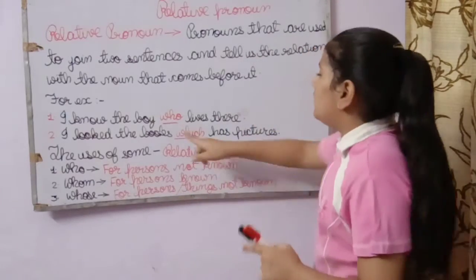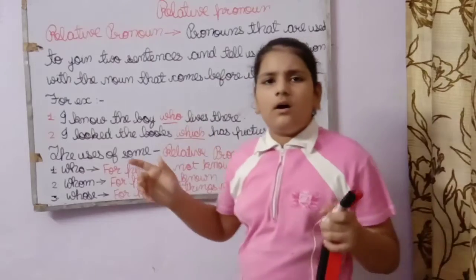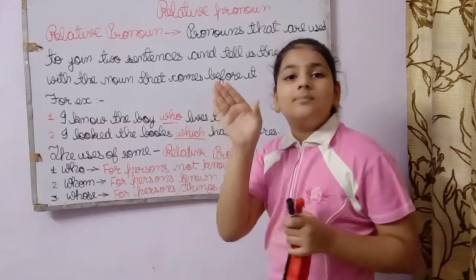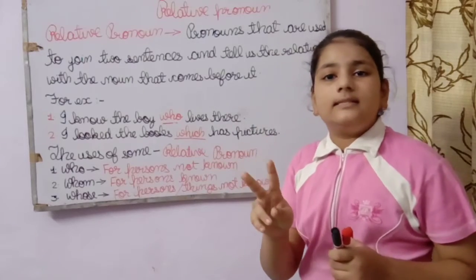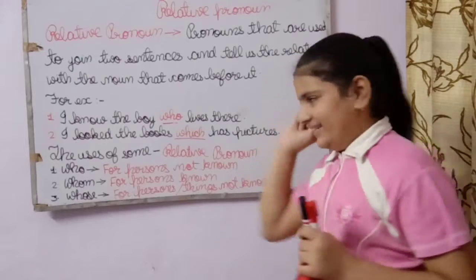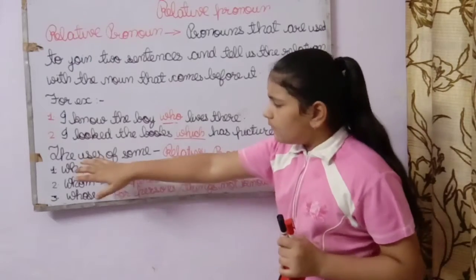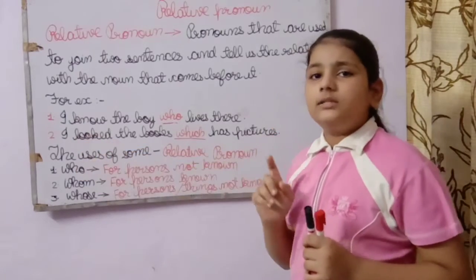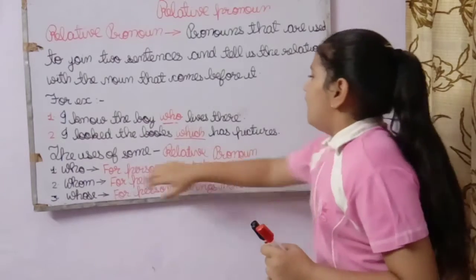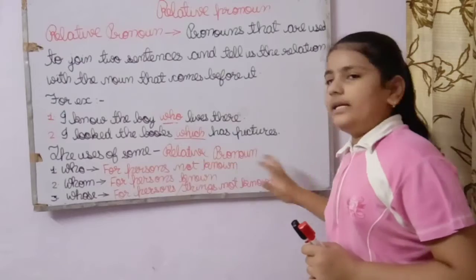So these words, who, which, whom, where, that, join two sentences to make one whole sentence. Now we will take more examples, but the main thing is to know the uses of some relative pronouns.